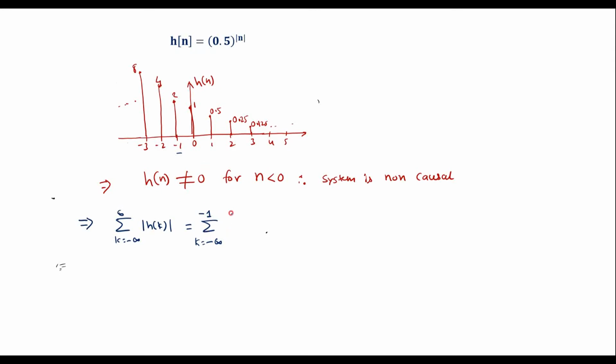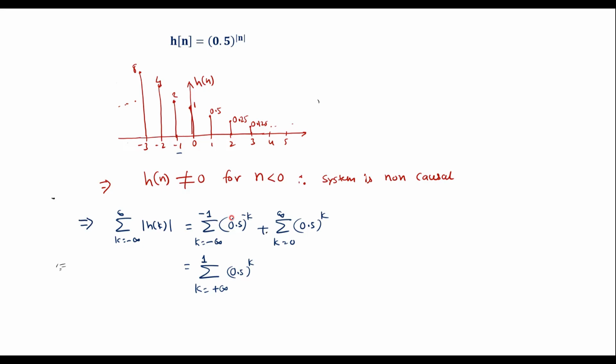The value will be 0.5 power minus n, that is minus k in this case, plus summation k is equal to 0 to infinity 0.5. So here the value of n will be positive, that is plus k, or I can represent it as summation k is equal to plus infinity to 1 0.5 power plus k.